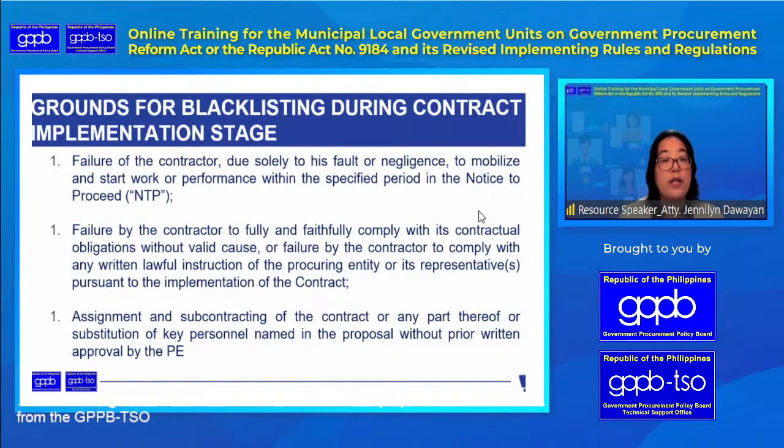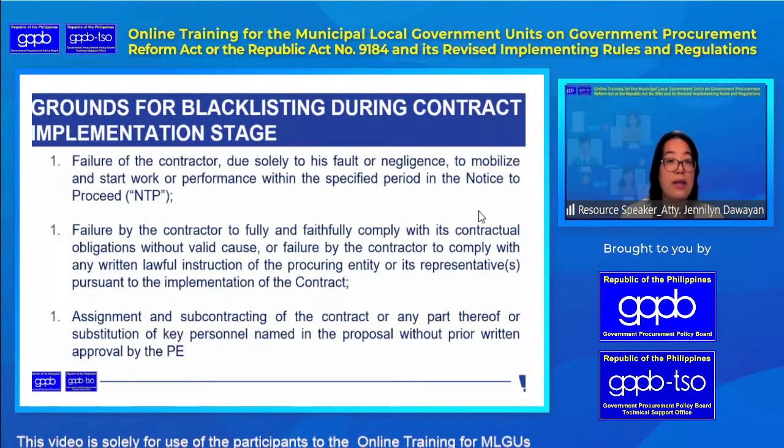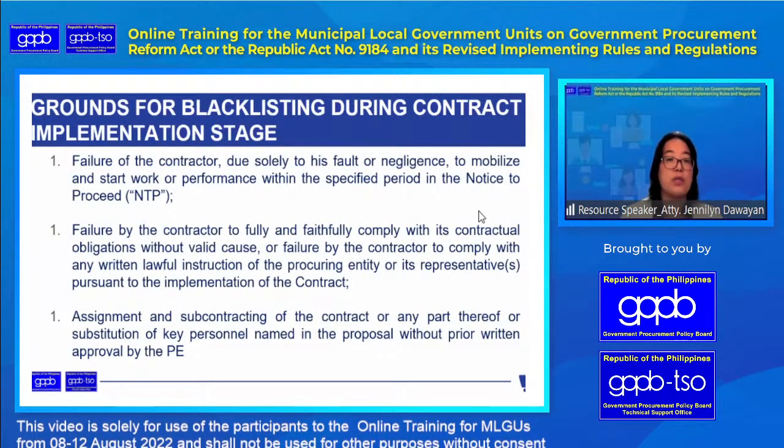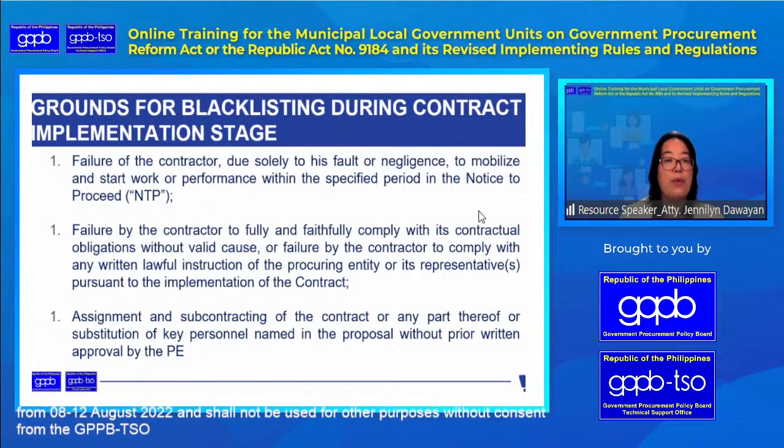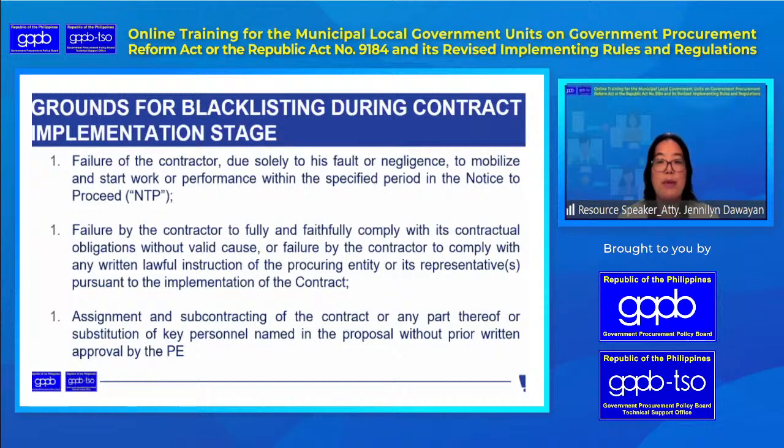Then na-issuean siya ng notice to proceed, hindi naman niya ini-start, no? Yun. Secondly, hindi nga talaga faithfully and fully complied yung contractual obligations niya for a valid cause or without a valid cause, no? Or failure of the contractor to comply with lawful instruction of the procuring entity pursuant to the implementation of contract.